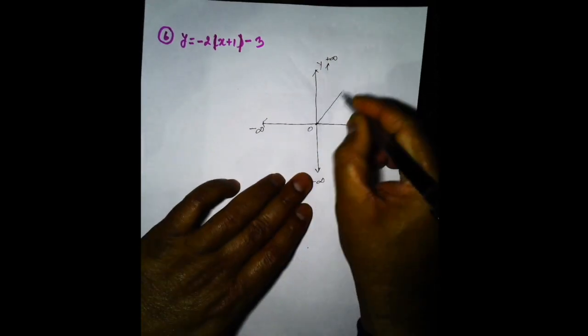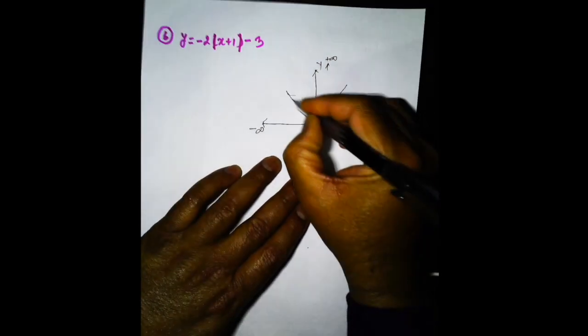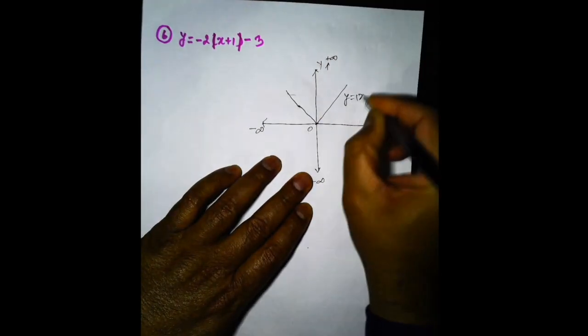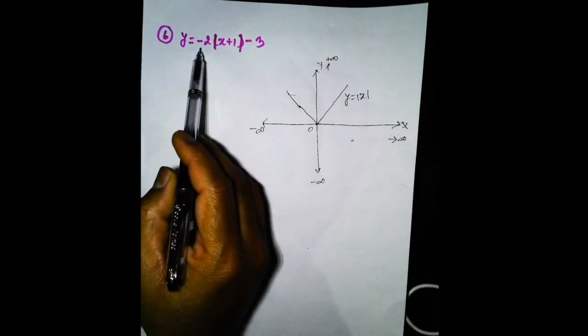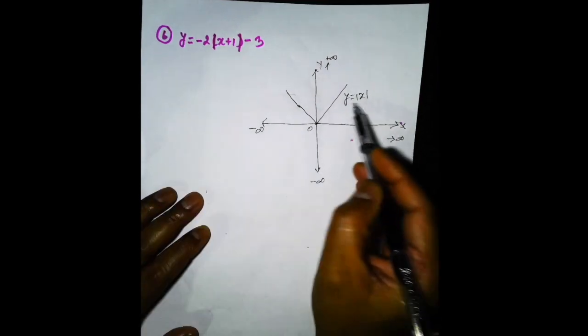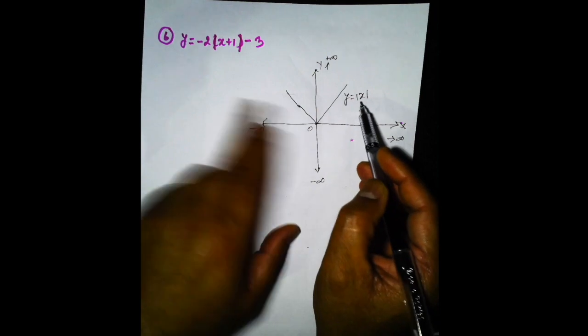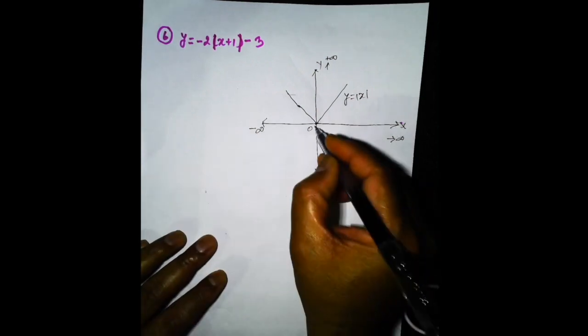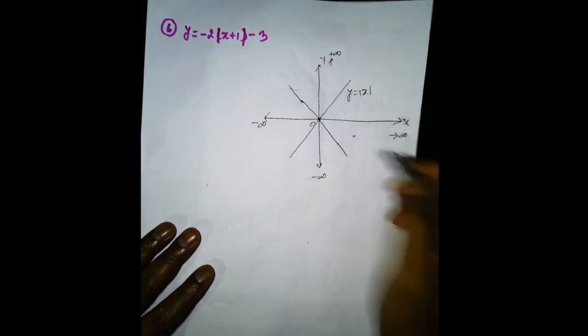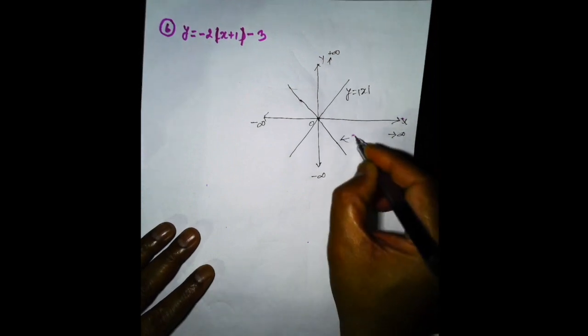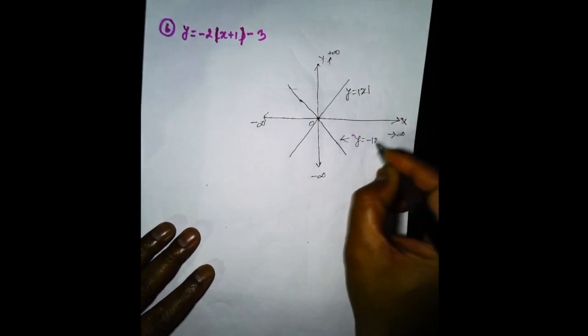So here I'll take the graph of y equals the absolute value of x. Now you can see here there is a minus sign, so if that would be y equals -|x|, then your graph would look like this. In that case, this is the graph of y equals -|x|.